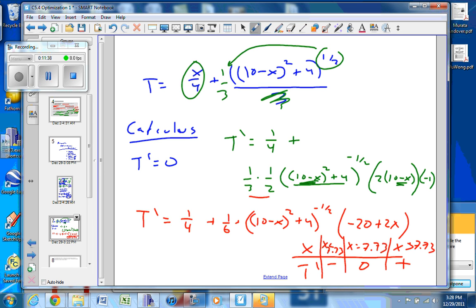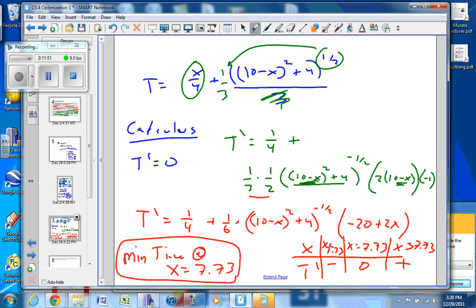So this confirms, again, using calculus as our means, that we have a minimum time at x equals 7.73. Okay, so let's look on to the next problem.